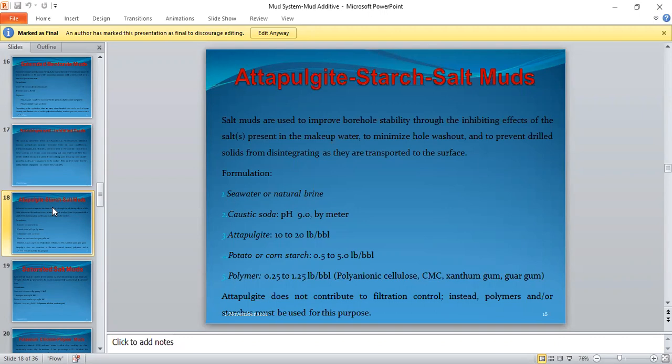The salts present in the makeup water minimize hole washout. Hole washout here means that you are drilling a hole, and the size of your hole is 16 inches in diameter. When you're drilling and it has washout, it means that some areas will be washed out.